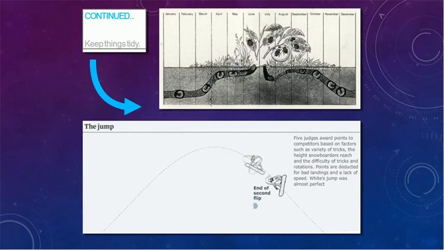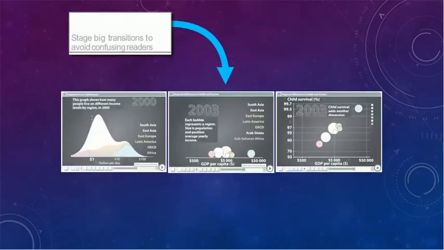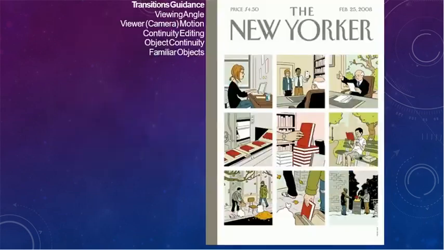And if you have a greater amount of visualization, you have to choose the location of the text. You have to work on bigger transitions to avoid confusing the reader. Like how we are transitioning over here from 2000 to 2003, what the percent GDP is, and what concept you are going to provide over here. So you have to work on the different transitions actually shown over your visualization.